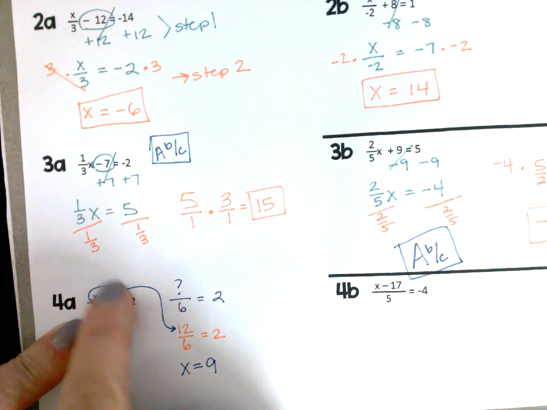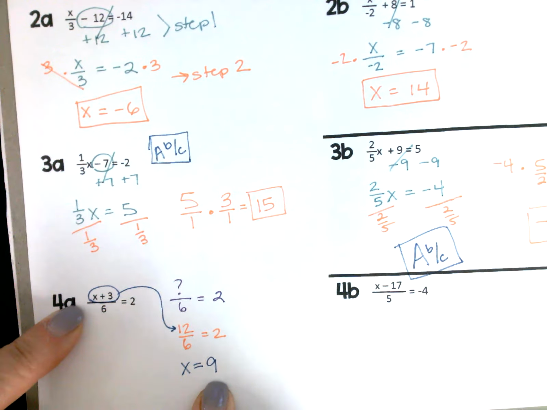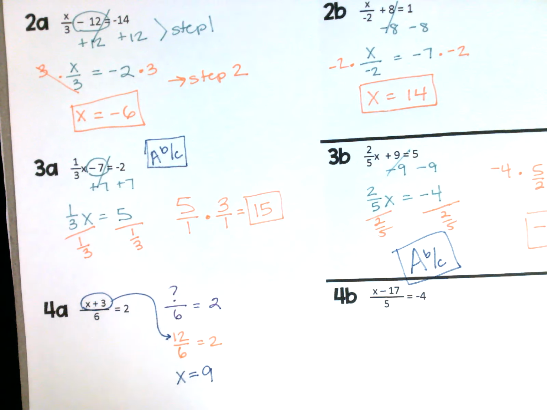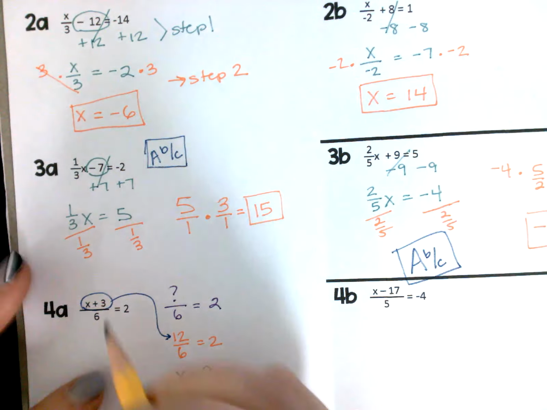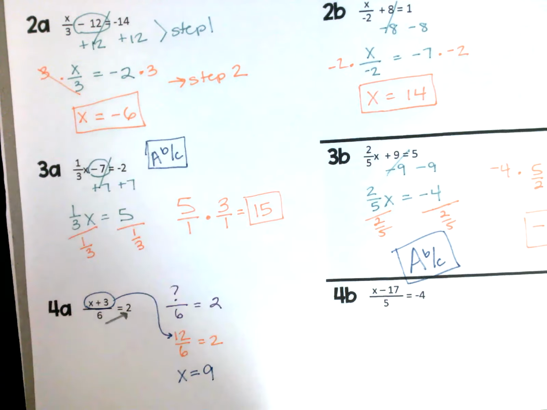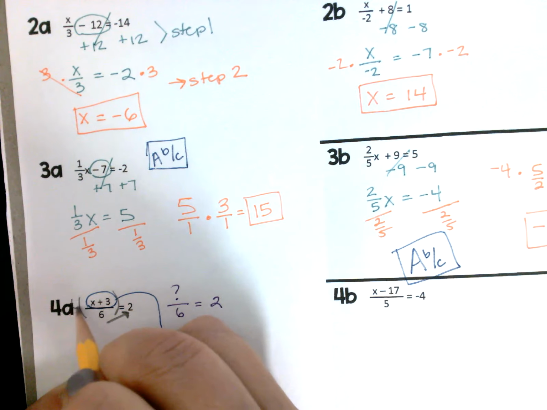Okay, but I have a little math problem up here. So that circle has to equal 12. So what plus 3 gets me 12? 9. If you like to just solve equations and say, give me a routine, tell me what to do, I like to get rid of the fraction in the bottom. So I'm going to multiply by 6.